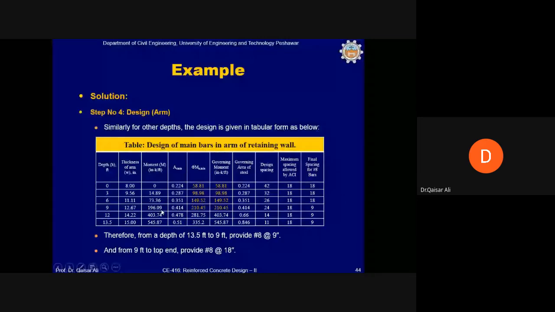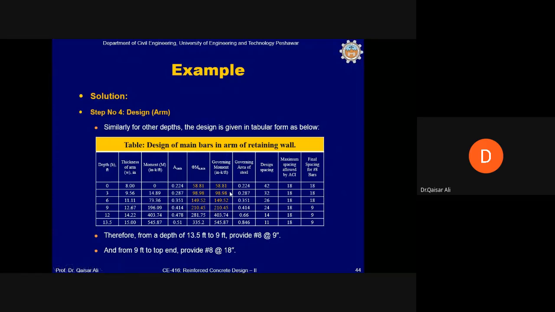And the corresponding nominal minimum reinforcement flexural capacity is given by this minimum reinforcement. So this is 58.81, which is greater than 0, 98.9 and greater than this, 149 greater, 210. Governing moment means that the nominal minimum capacity in all cases is greater than the demand in every case. So for these, from 0 to 9 feet, minimum reinforcement is enough.